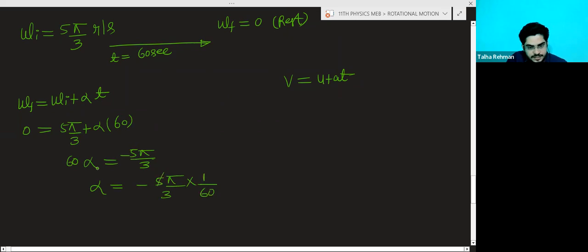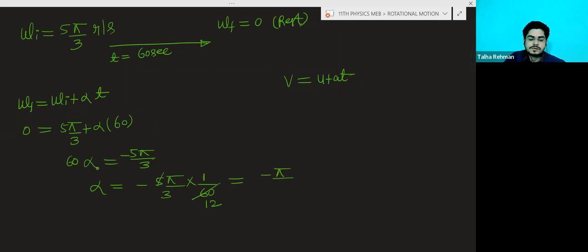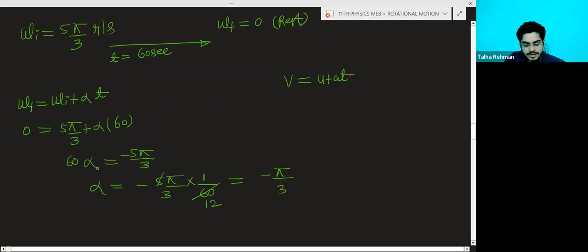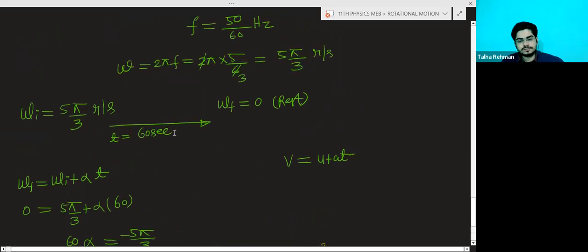So you can just cancel it out. It will be 12, so alpha will be minus pi divided by 36 radian per second square. Now you have alpha, and now you can find the torque.